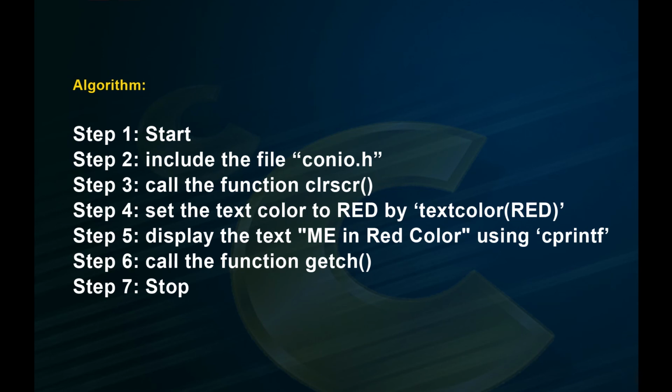Step 4, set the text color to red by the textcolor function, step 5, display the text "me in red color" using cprintf, step 6, call the function getch, and step 7, stop.